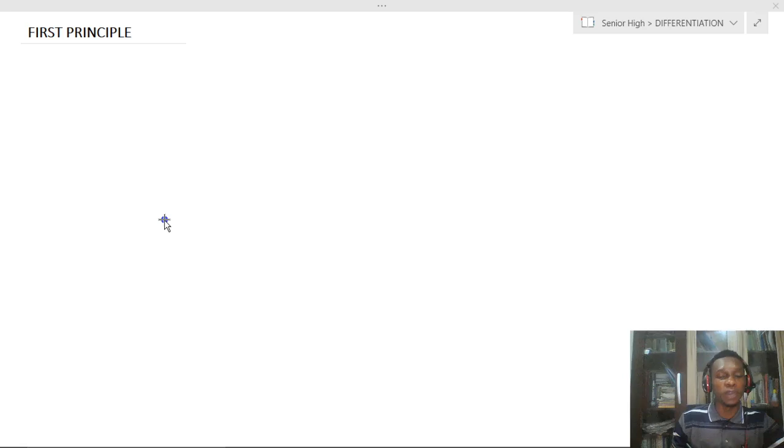So, first principle of differentiation. Now we work with what they call functions. A function is just a particular input that gives out a desired output.